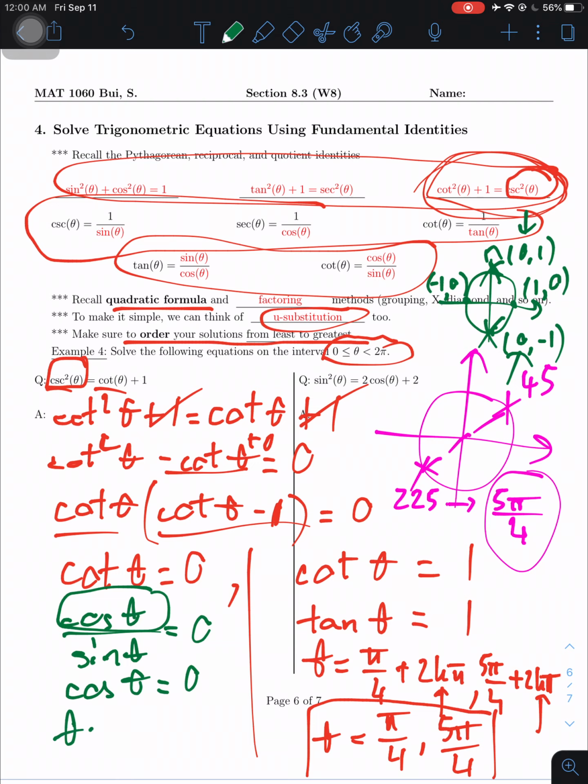So for the first case, we actually have two more answers, and they are pi over 2 for the 90 degrees, and 3 pi over 2 for the 270. So all these are the final answers.